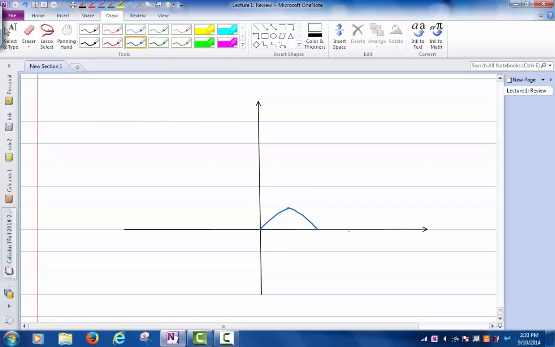So let's say this is the graph of some function f, and the domain of that function is from 0 to 2. Okay, we are just sketching the graph from 0 to 2. So this is the graph of f of x, and I'm not telling you what f is.